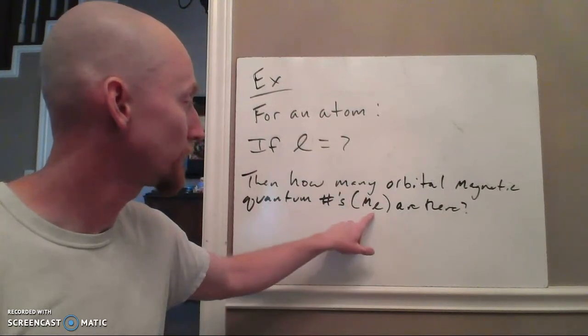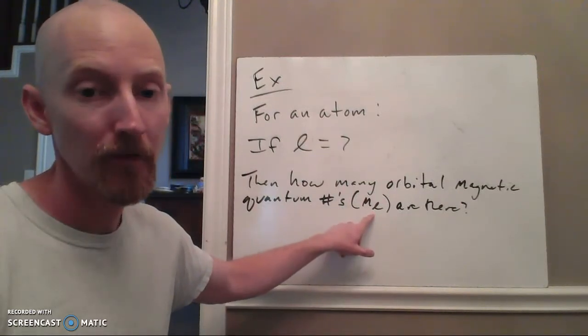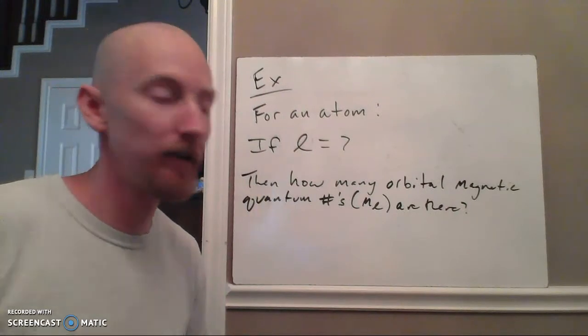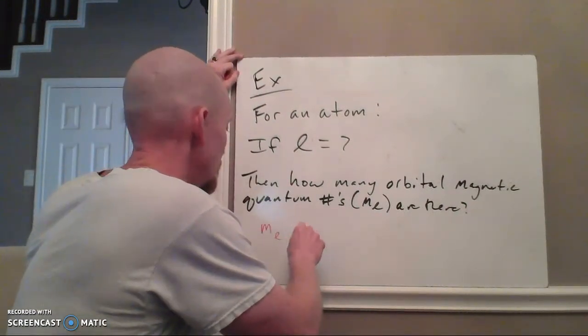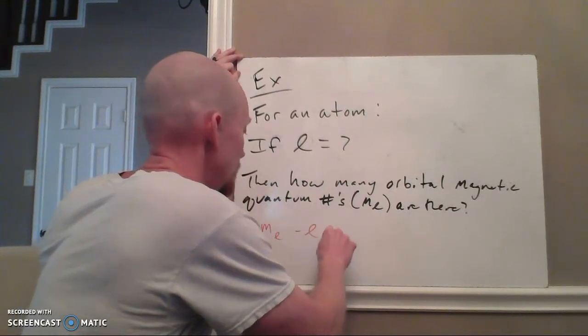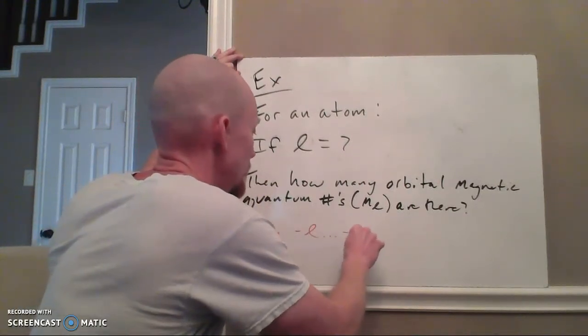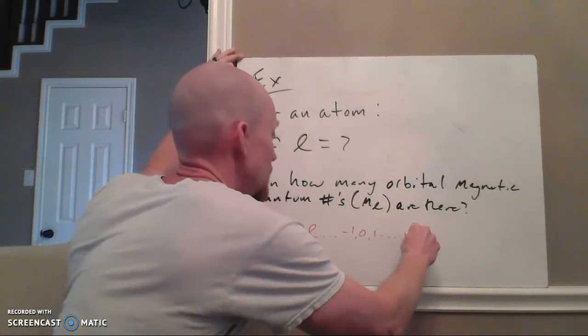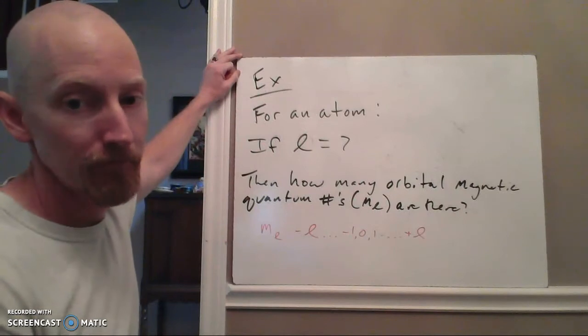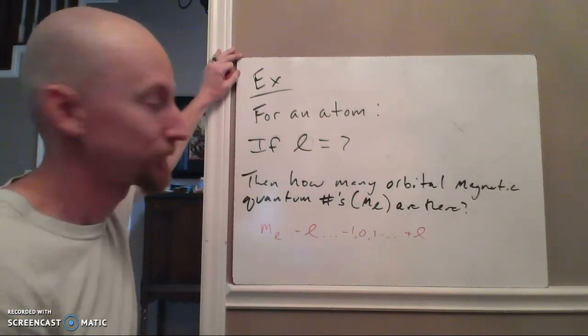So what we're looking for is how many m sub L's. If you remember, m sub L goes from negative L all the way to negative 1, 0, positive 1, to positive L, right? That's the rule.